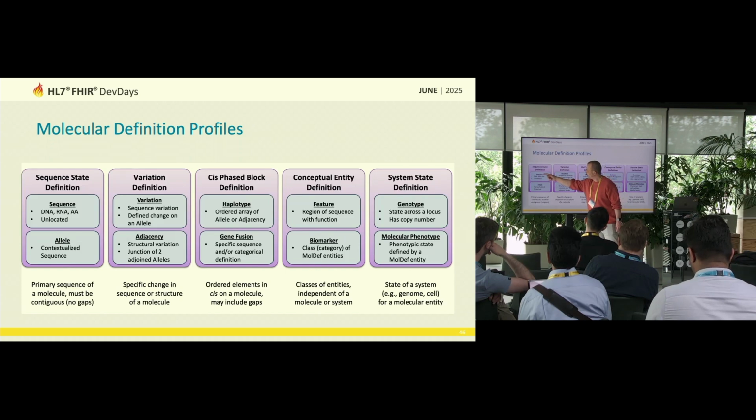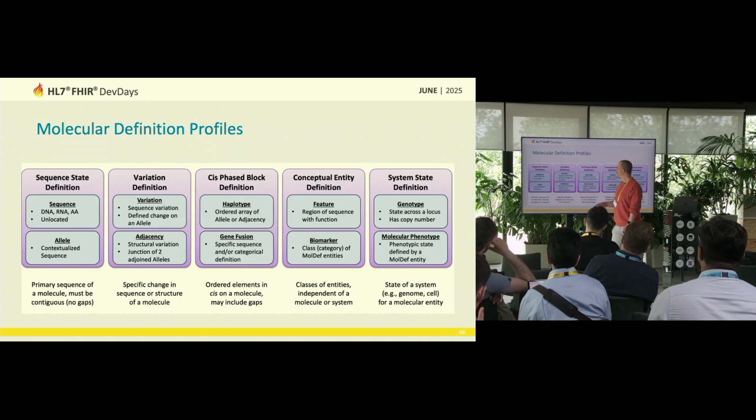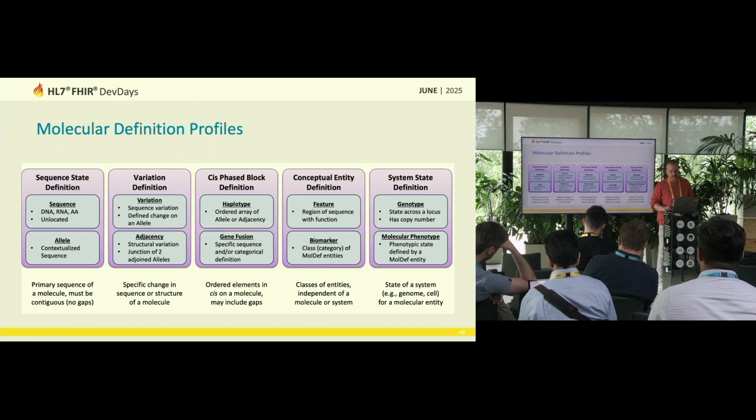It starts with sequence or allele, so you can use it to just represent your sequence, AC, AAC. You can have a contextualized sequence, which is then called allele. Then we have the variations and the adjacency of these variations. Then we can say these variants form this haplotype or gene fusion representation. Features, biomarkers, genotypes, all of these will be profiles on this molecular definition resource.